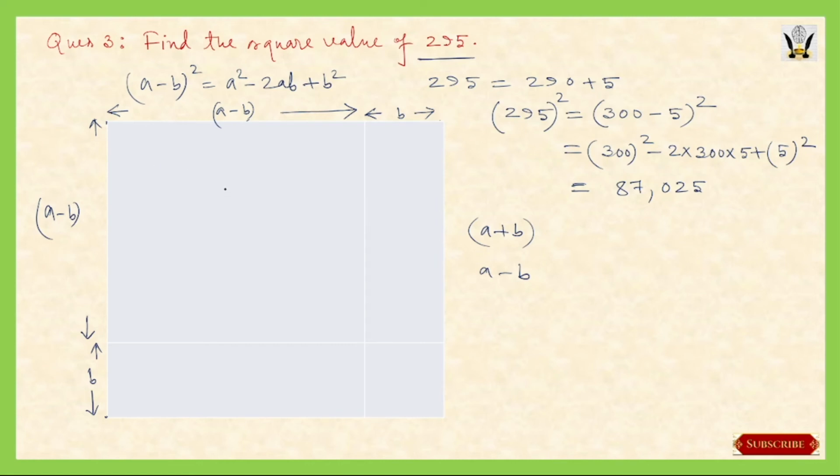That means this time our area will be the area of this square. So how can we find the area of this square? First we will find the area of the bigger square, and the side of that square was A. So the area of that square will be A square, right?